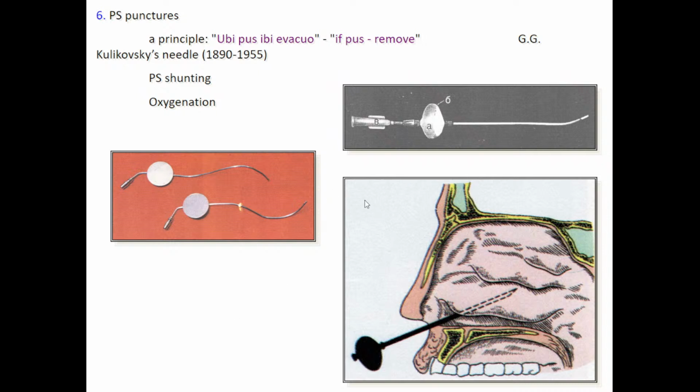As we are speaking, the puncture may be used not only as a diagnostic procedure but also as treatment option. But nowadays, in most countries in the world, this procedure is not used.